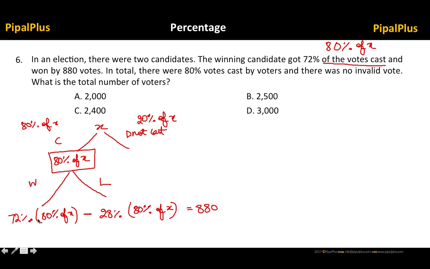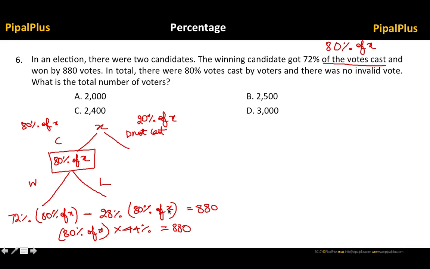So if I were to simplify this, I am able to take 80% of X as common from both of these, and I get 72% minus 28%. 72% minus 28% is 44%. So this is equal to 880.